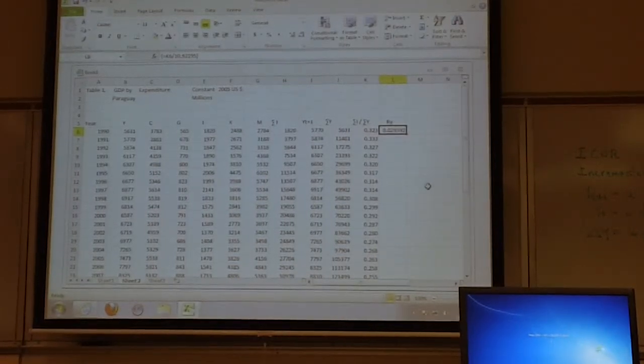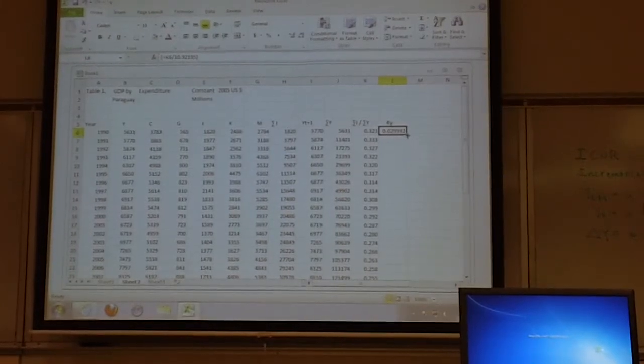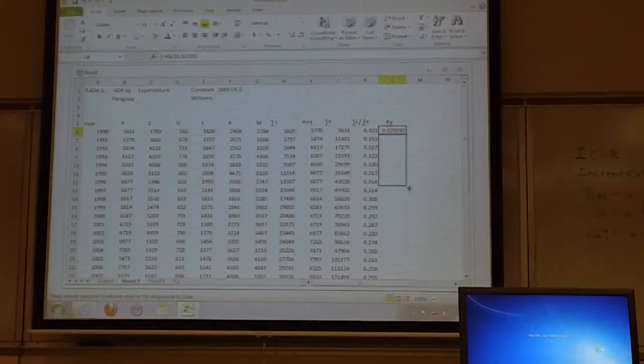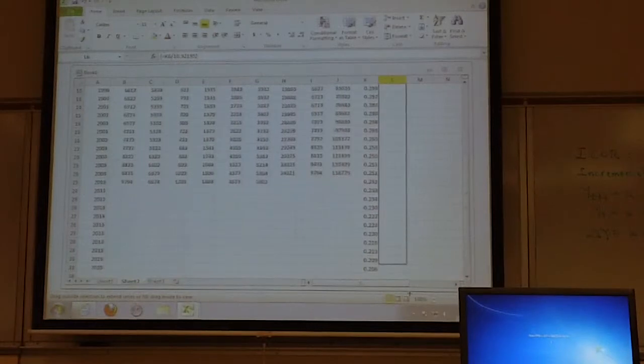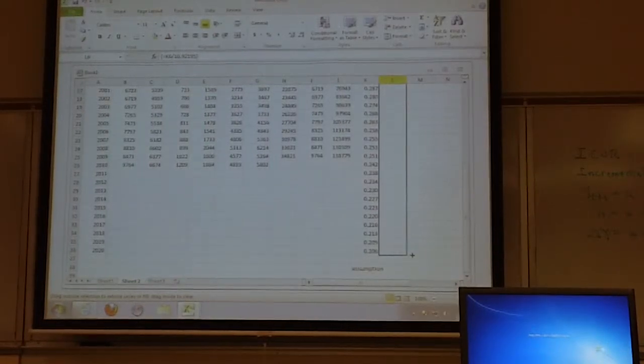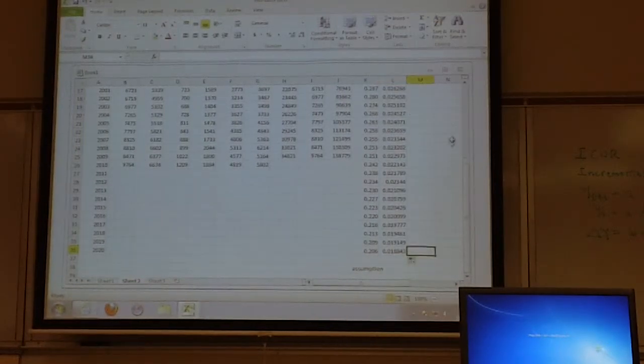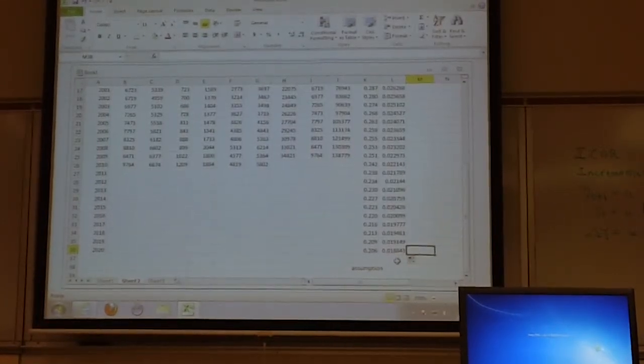So in 1990, the growth rate was 2.95%, almost 3%. So we can drag that down. So what we have is a decreasing growth rate going down to 1.8%, 1.9%. Divided by the I-core, that's it.